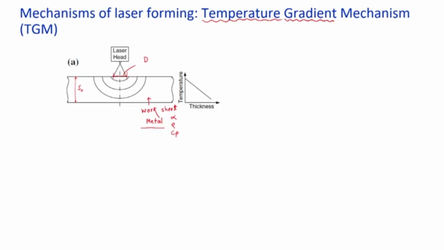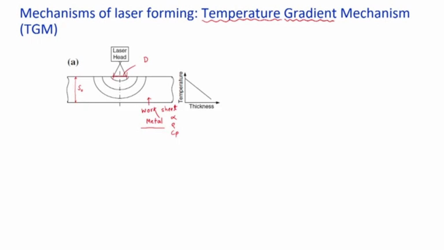When laser is applied on its top surface, due to laser material interaction, there is expansion of top fibers, and that heat energy which is getting absorbed by the top fibers will get dissipated based upon the thermal conductivity of the work material.